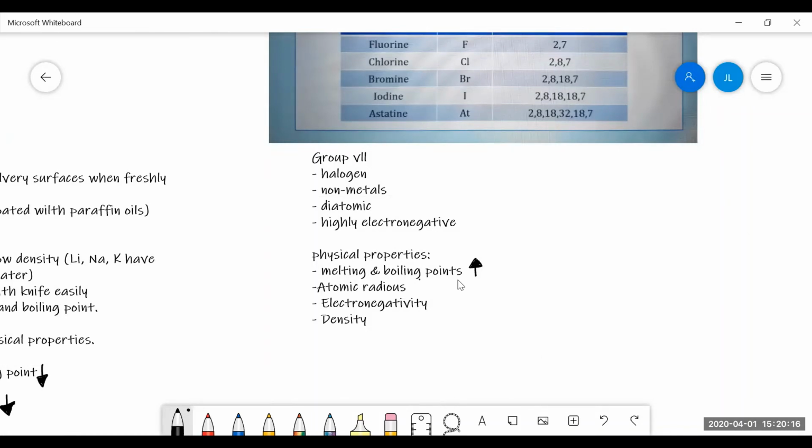Atomic radius always increases down the group, because each period you have an extra electron shell. Now for electronegativity, when we go down from period 2 to period 6, what happened? The electronegativity decreases. Density increases.